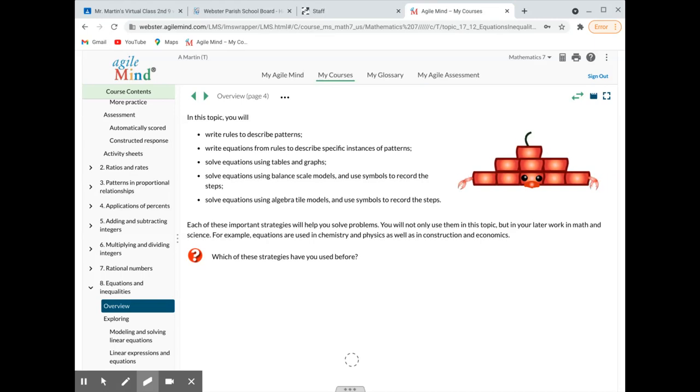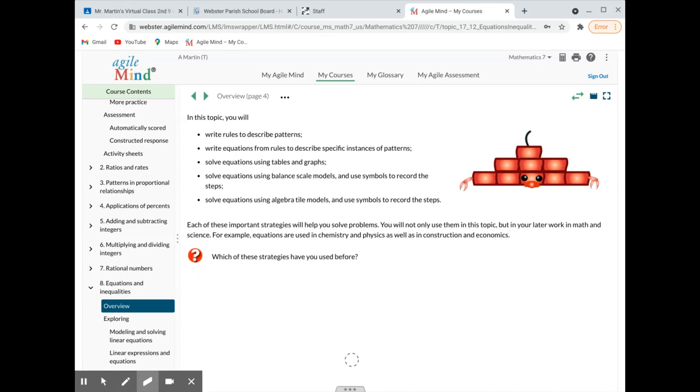Each of these important strategies will help you solve problems. You will not only use them in this topic, but in your later work in math and science. For example, equations are used in chemistry and physics, as well as in construction and economics. All right. Thank you, ma'am.